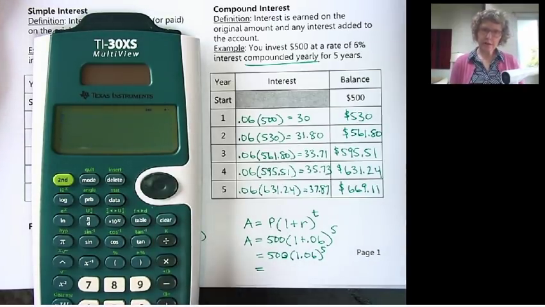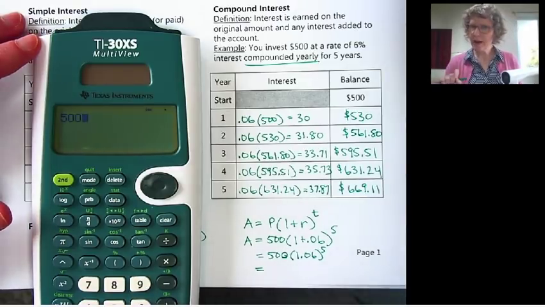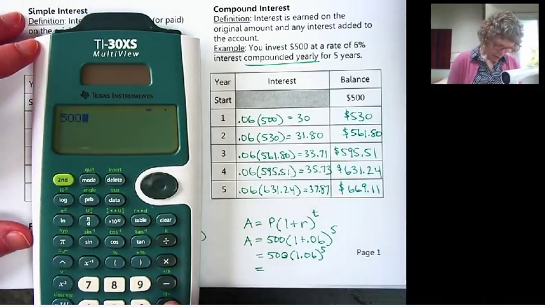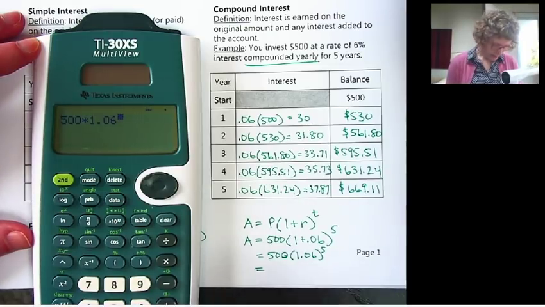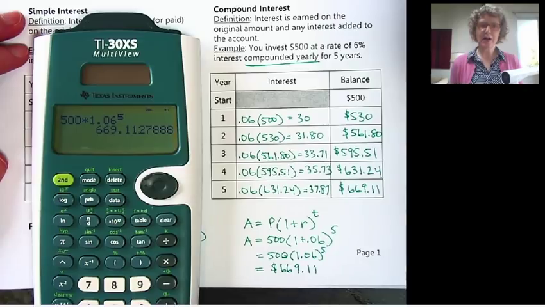So if I start over at the beginning with this formula, if I want to jump right to 5 years, I have 500 times 1.06 caret, whatever your exponent key is on your calculator, or in Excel. We'll talk about Excel and Google Sheets in later videos. To the 5th power, 669 and 11 cents. Pretty cool, huh?